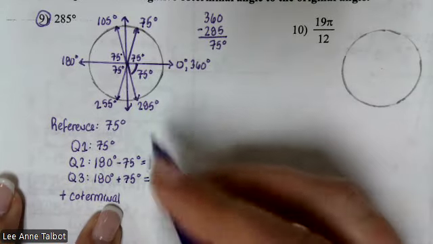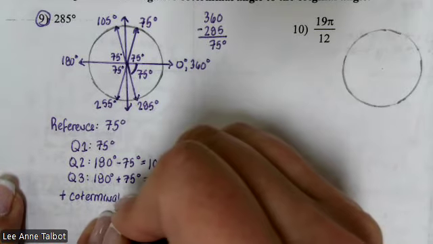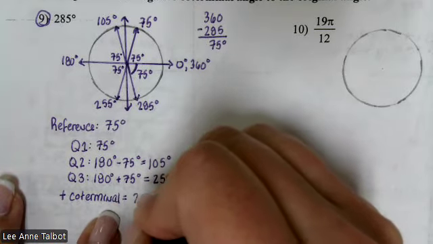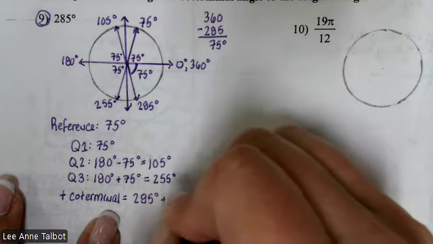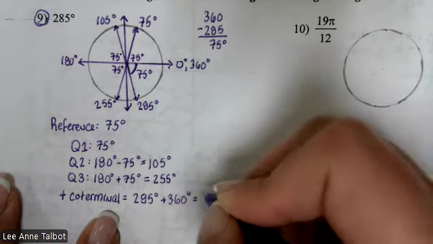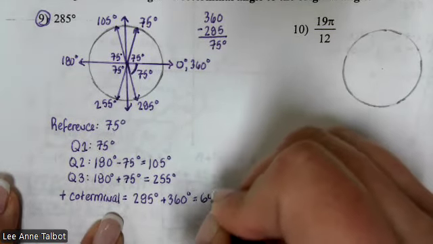A positive coterminal angle to 285 is 285 plus 360, which is 645.